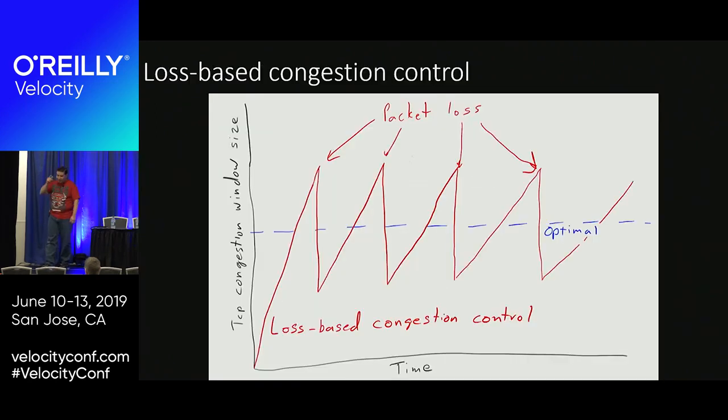If you've ever seen a sawtooth, this is basically what the congestion window looks like. And this is what a loss-based congestion window looks like. It starts out low with the 10 packet window. It'll increase it. It'll go past the BDP up into buffer bloat. The more buffer bloat you have, the higher it'll go. It'll finally lose a packet after it's gone way above the actual network capacity.